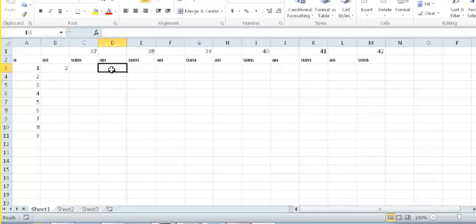Okay, 38 is 2 divided by n. 39 is 2 divided by n. Oops, something's wrong there.